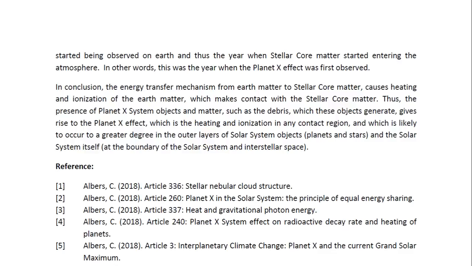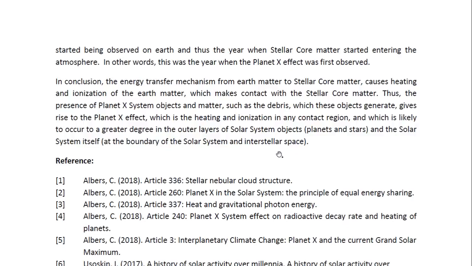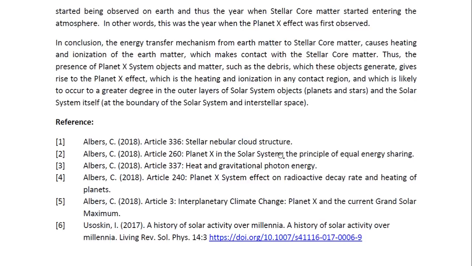Thus, the presence of Planet X system objects and matter, such as the debris which these objects generate, gives rise to the Planet X effect, which is the heating and ionization in any contact region, and which is likely to occur to a greater degree in the outer layers of solar system objects, which are planets or stars, and the solar system itself, that is at the boundary of the solar system and interstellar space.